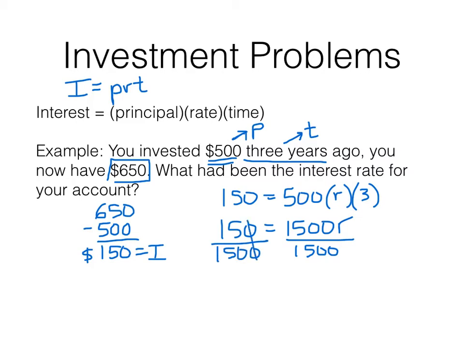And we get 1/10, or 0.1, which is R. If I'm going to change that then to a percent, remember that I take my decimal and multiply by 100, moving the decimal point twice to the right: 10%. So the interest rate for my investment was 10%. So that's a simple investment problem.